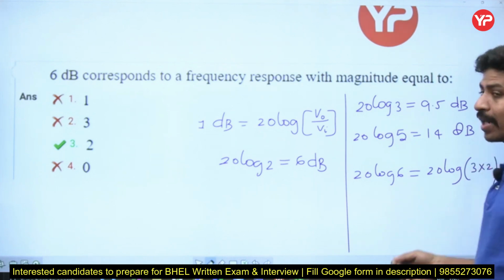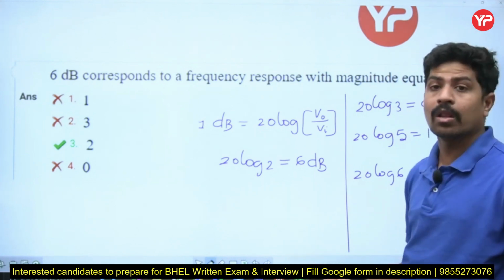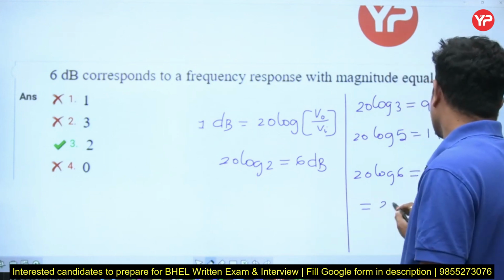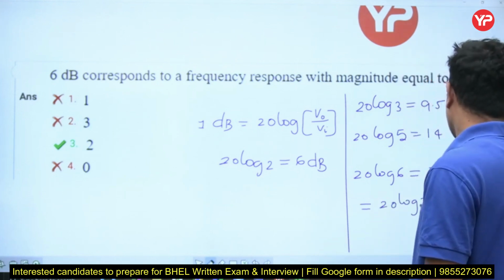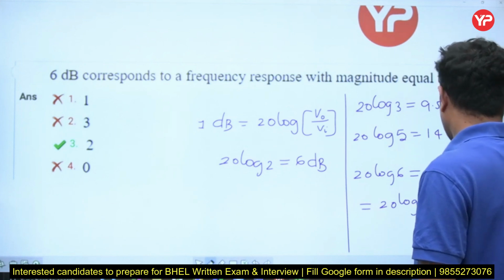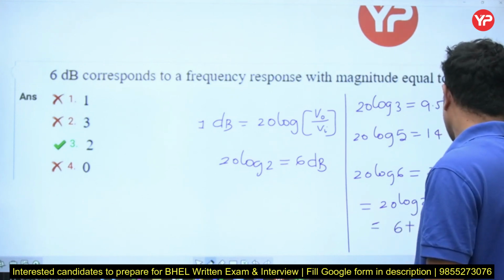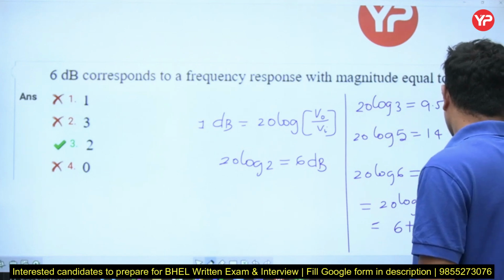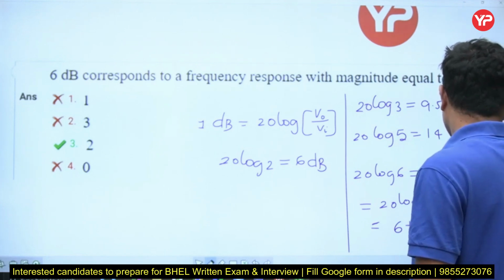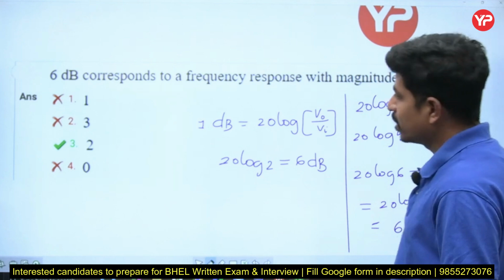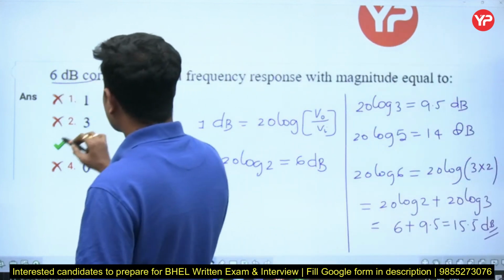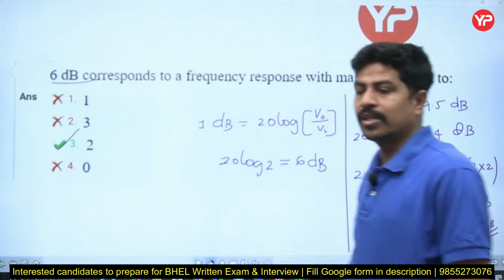Log AB can be written as log A plus log B. Logarithms, you know it very well. So 20 log 2 plus 20 log 3. 20 log 2 is 6, 20 log 3 is 9.5. Therefore, it is 15.5 dB. So here the question is asked about 6 dB. Therefore, the option is 3, that is 2.